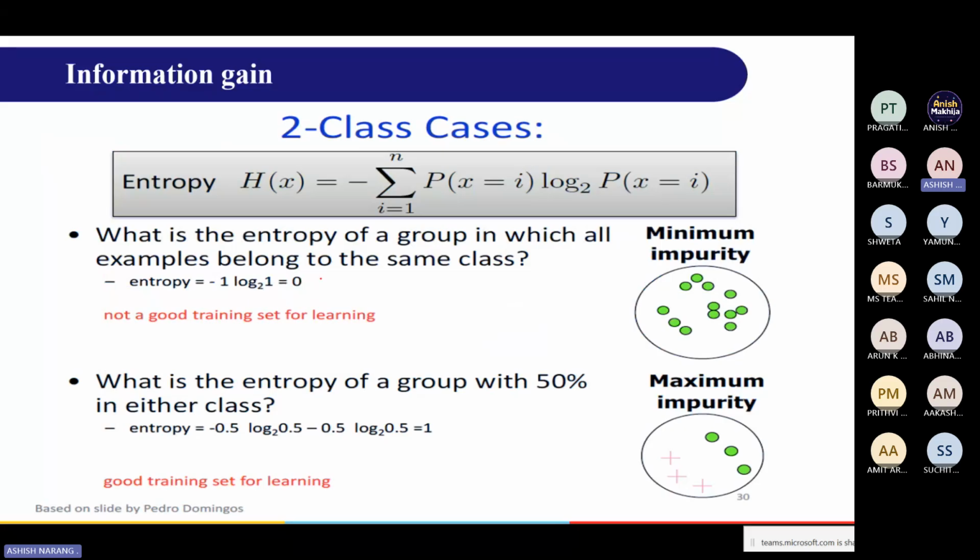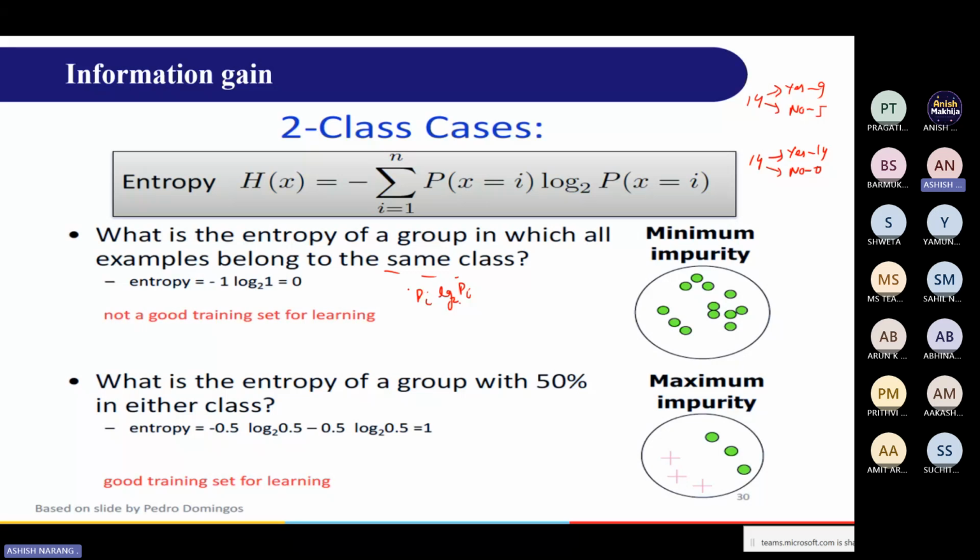What is the entropy of a group in which all the examples belong to the same class? In our data set, I said 14 are there, out of those yes 9, no 5. What they're saying is if 14 are there, all belong to yes, 0 records belong to no. So now to expand the entropy, it is pi log of pi.